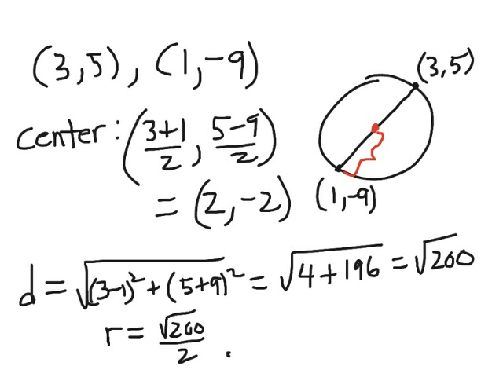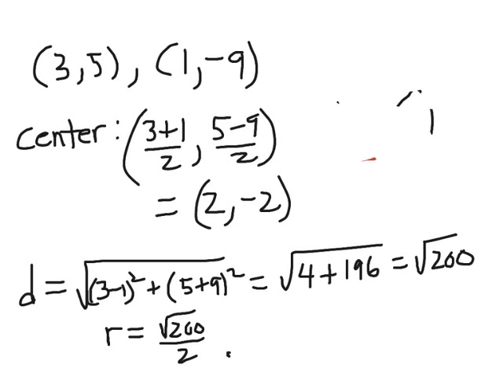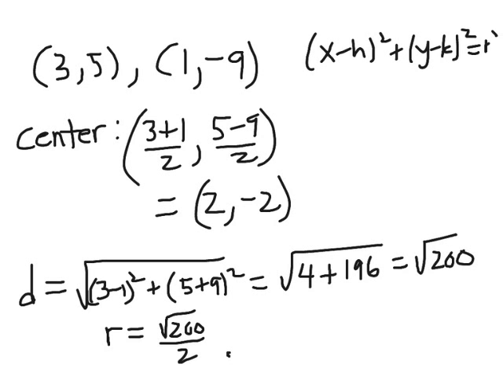I need some more room, so let me erase this here. My equation of that circle would be (x − h)² + (y − k)² = r².